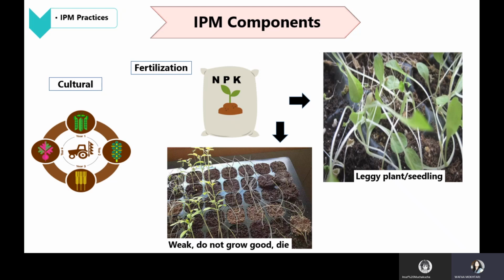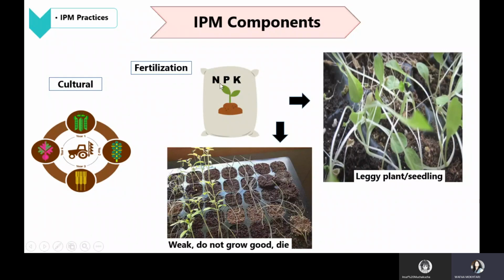Another cultural practice is fertilization. If you put enough, and I say enough, nitrogen, phosphorus, potash in your culture, this will help the plant to grow healthy.